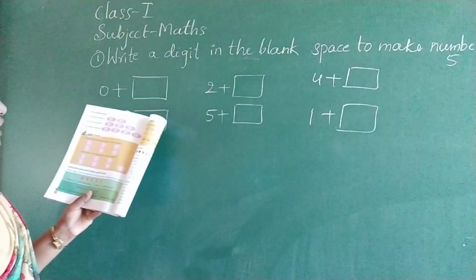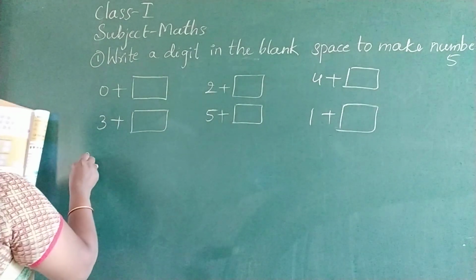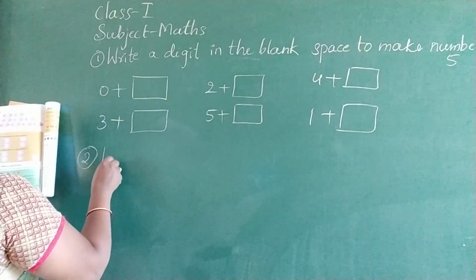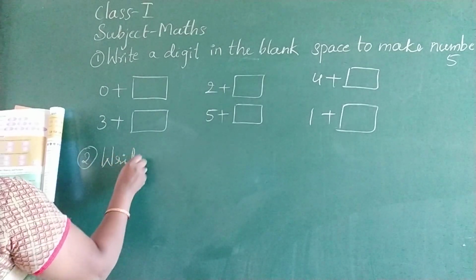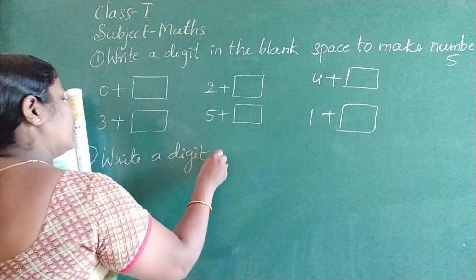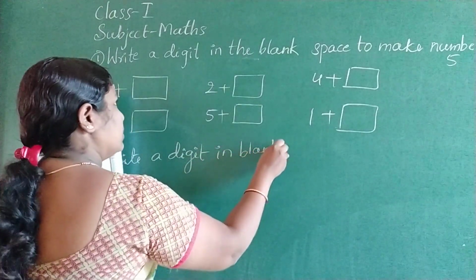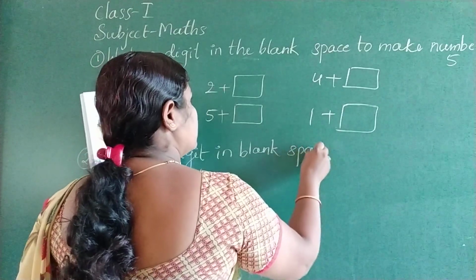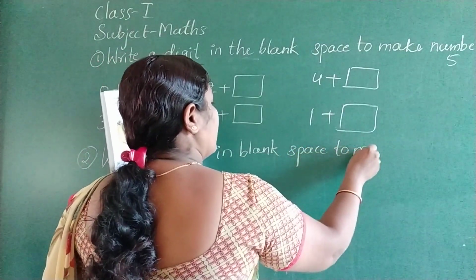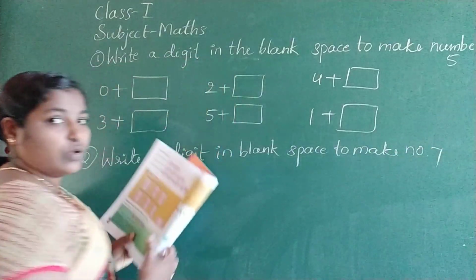Write a digit in the blank space to make number 7. Second one. Write a digit in the blank space to make number 7. Okay?